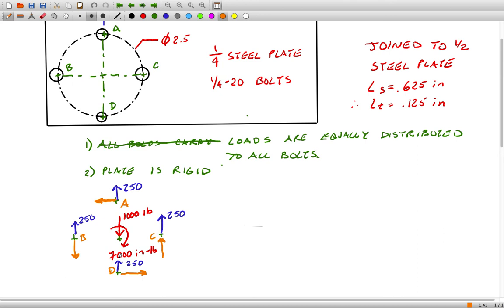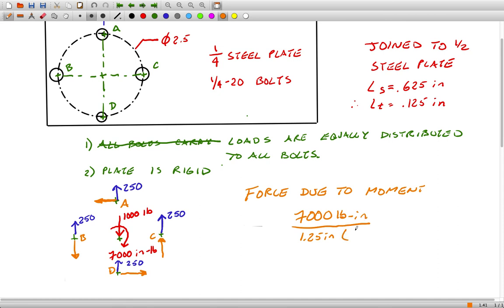Now to get that actual force per bolt due to the moment, the moment itself is 7,000 pound-inches. We'll divide that by 1.25 inches. And that gives us the total force carried by all 4 bolts.